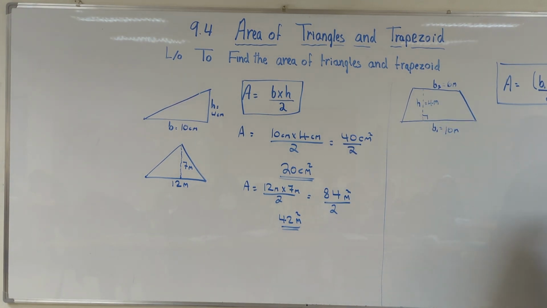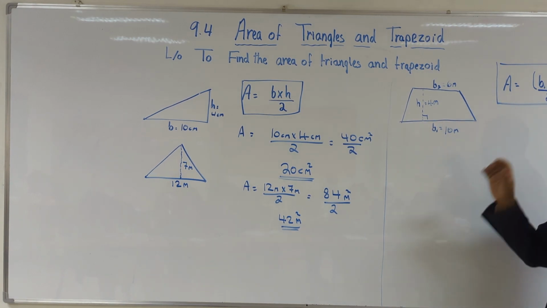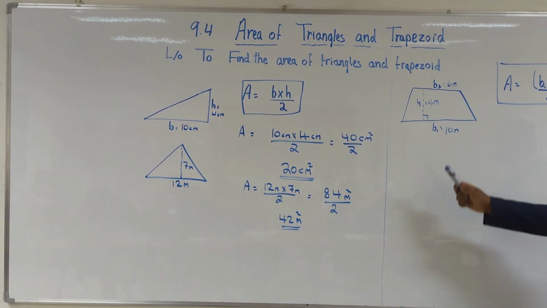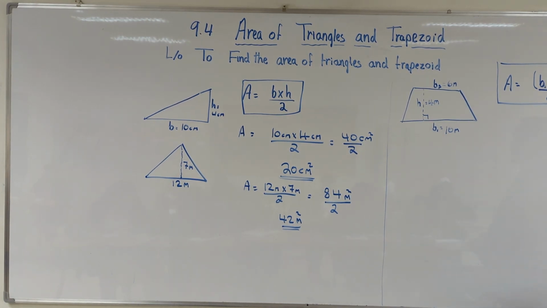Can we work this out? Just substitute these numbers into the formula. The height is 4 meters. The first base is 6, the second base is 10. So we substitute this, and then that will give us the area of this trapezoid.